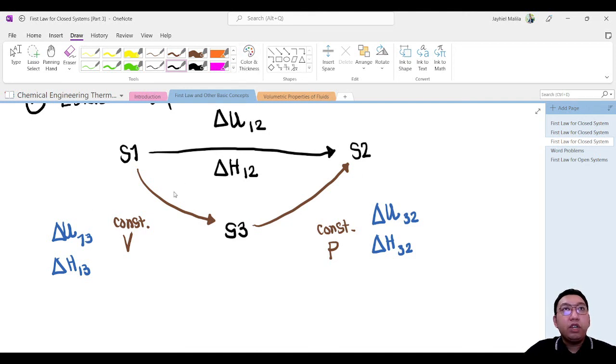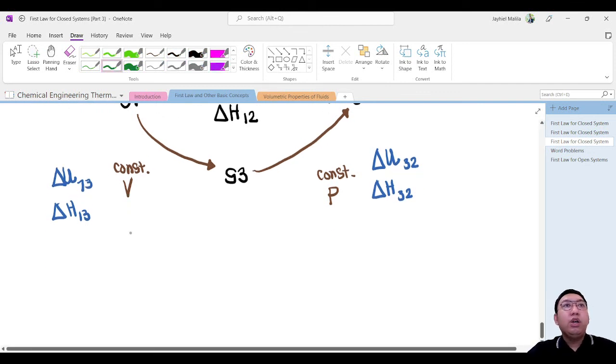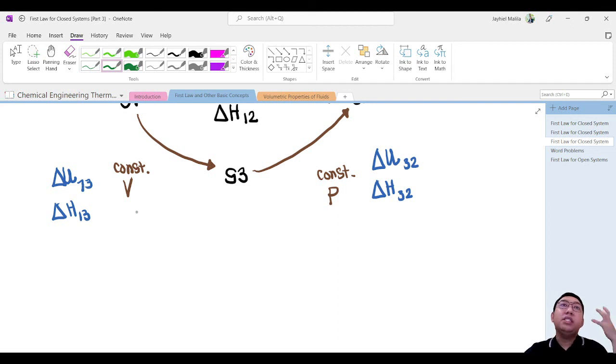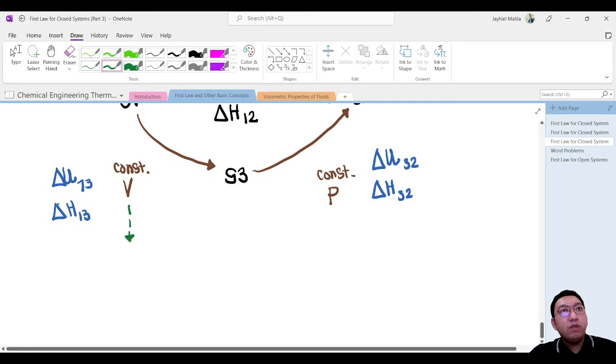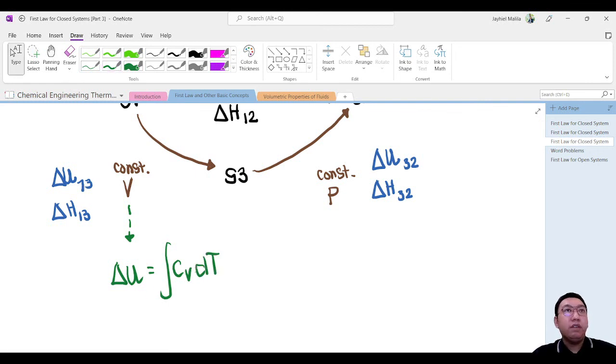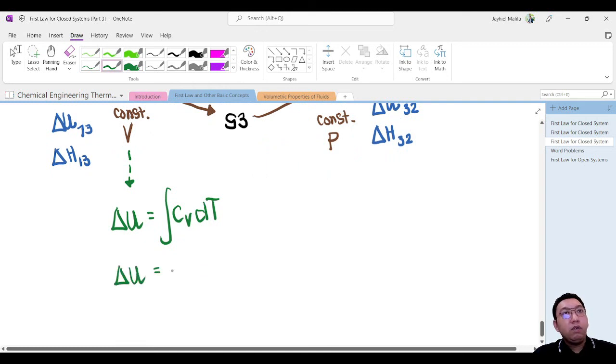Remember in your discussion that for constant V, the equation has to do with the relationship of temperature, heat capacity at constant volume, and delta U. So the important equation that will be useful for this step is delta U is equal to the integral of CV delta T. So assuming that CV is not a function of temperature, then we can just write that as delta U equals CV multiplied by the difference of T2 minus T1.